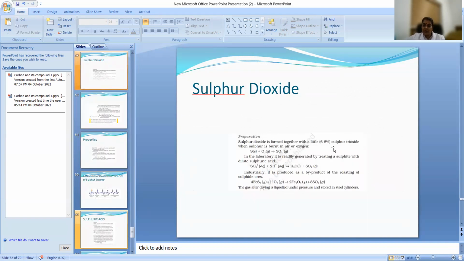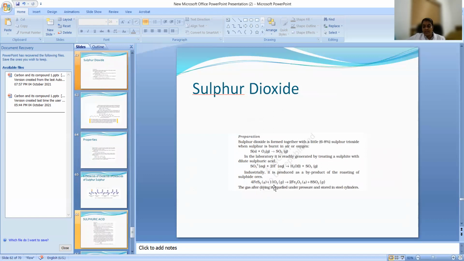When sulfur reacts with oxygen, it is an exothermic reaction and we get sulfur dioxide. In the laboratory, it is readily prepared by treating sulfite, SO3 2-, with sulfuric acid. Industrially, it is produced as a byproduct of roasting sulfide ores.